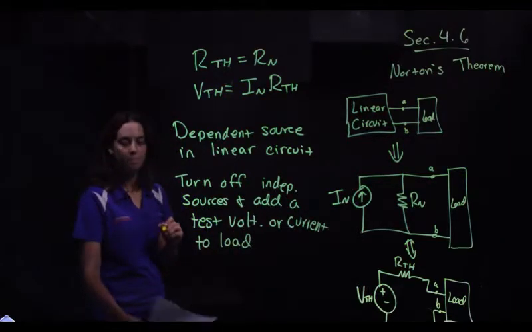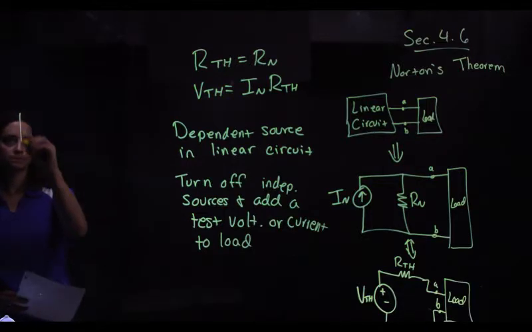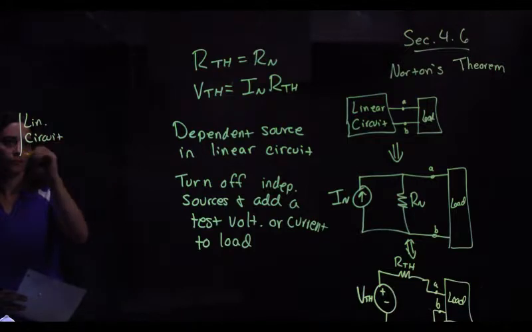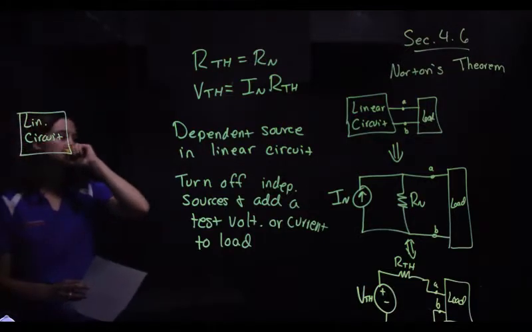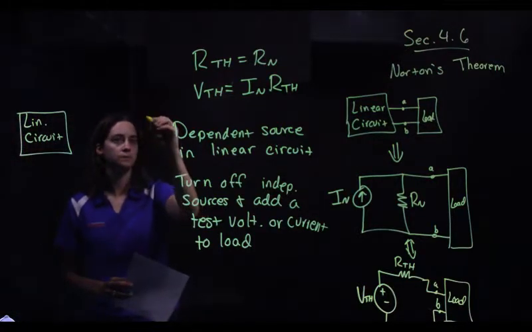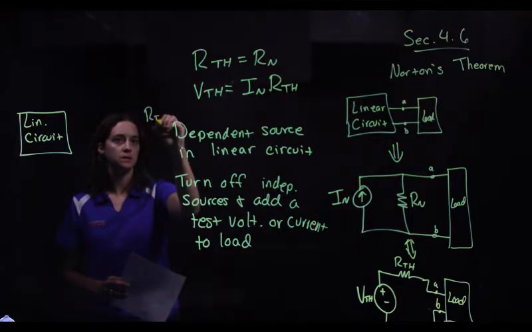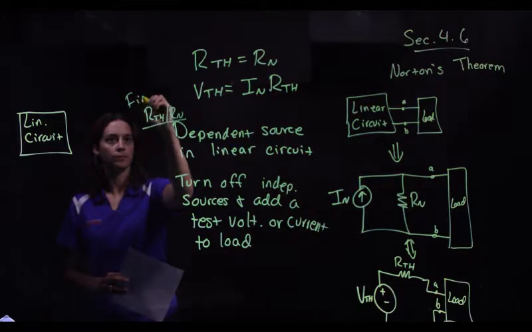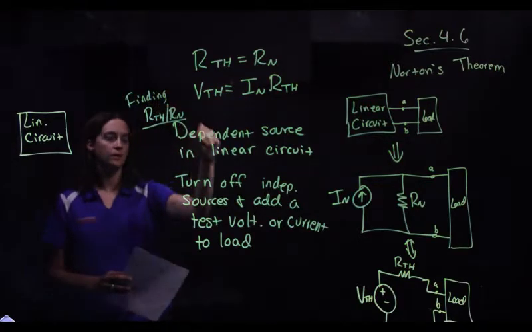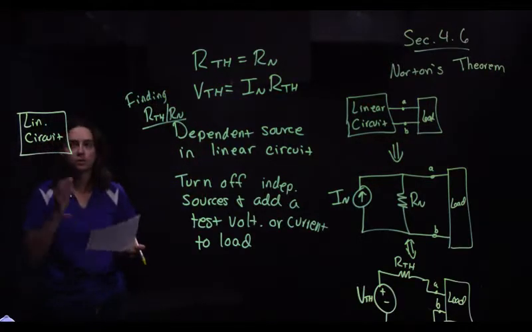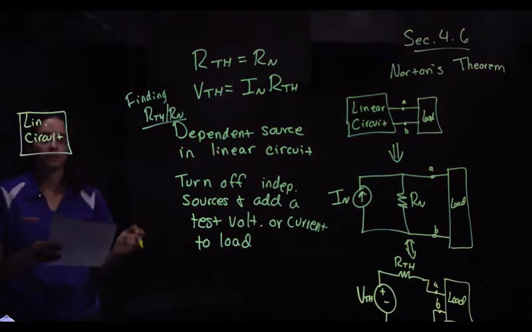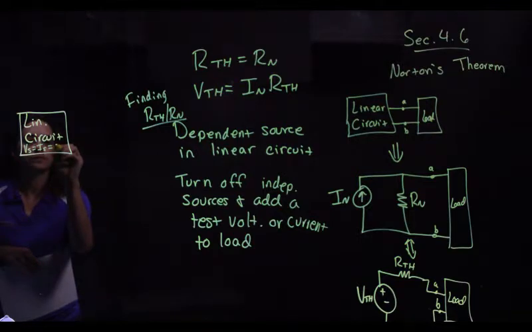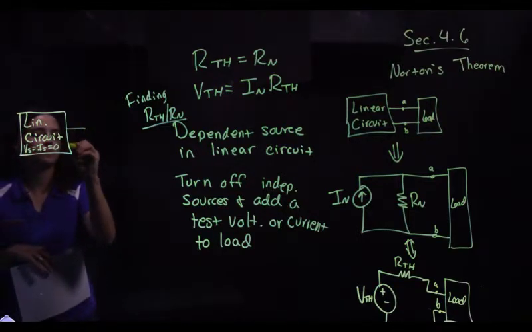What do we mean by that? Okay, so I should say this is for finding the resistance, so finding R Thevenin or R Norton when there's a dependent source. We have our linear circuit. We're going to turn off all our independent sources. I want them to be 0.